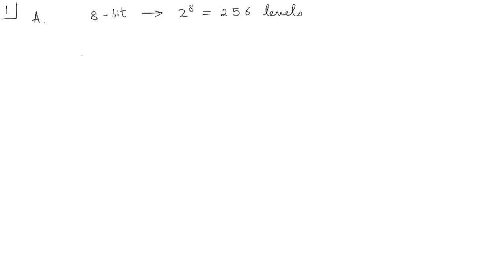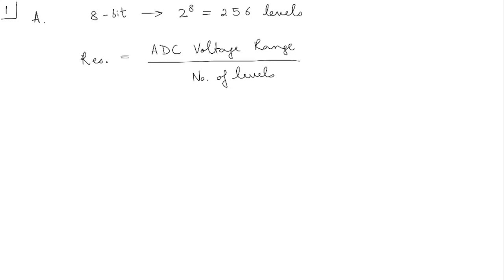So what is the resolution going to be? The resolution, let's write it as R, is equal to the ADC voltage range divided by the number of levels, right? So you can do the calculation.